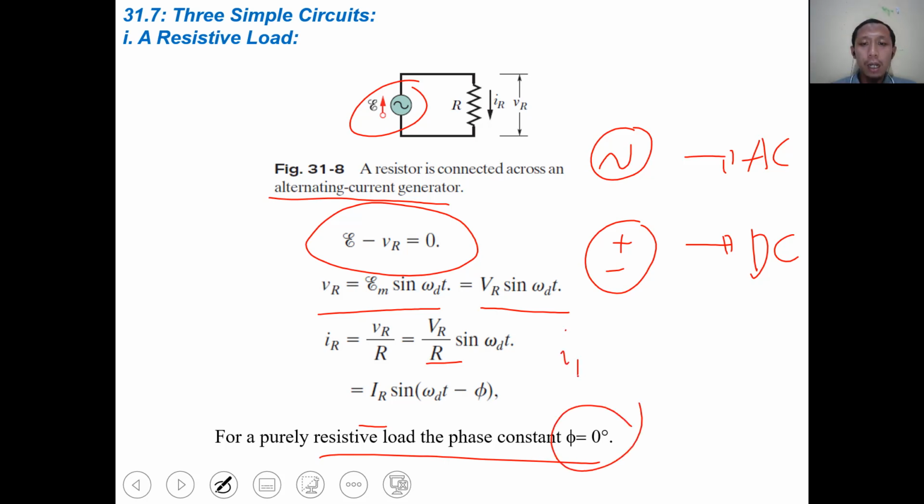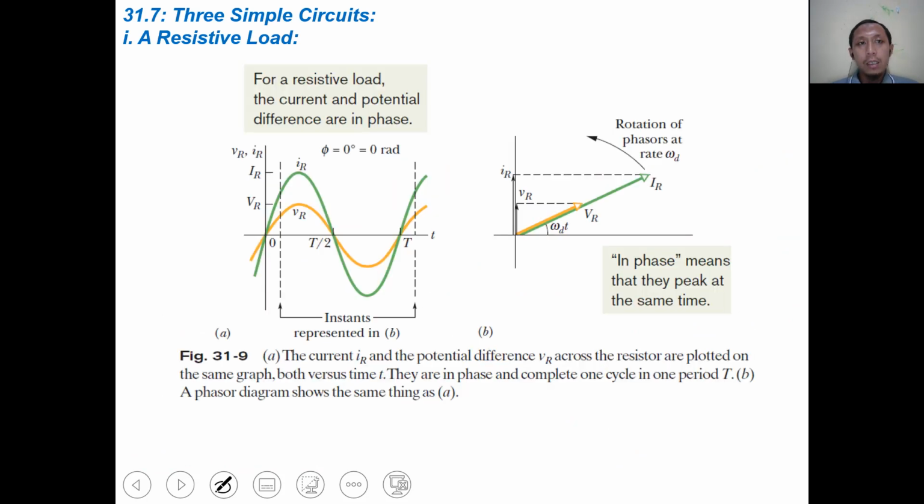So V_R is equal to I_R sin omega_d t, because Z is equal to 0. So for resistive loads, the current and potential difference are in phase.